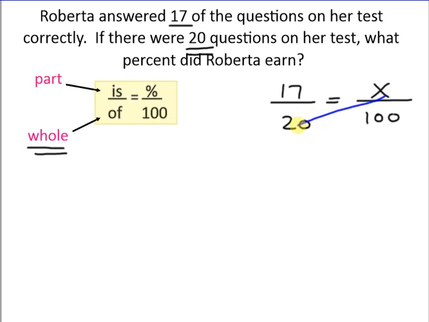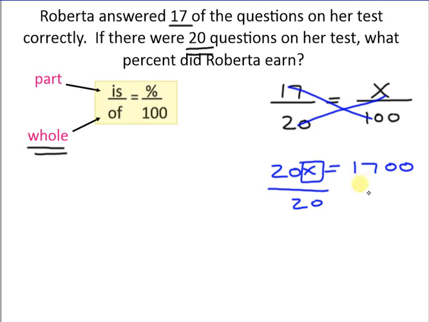So 20 times x is 20x. 17 times 100 is 1,700. Box the variable, divide by 20, divide by 20. Those cancel. X equals 1,700 divided by 20 is 85.